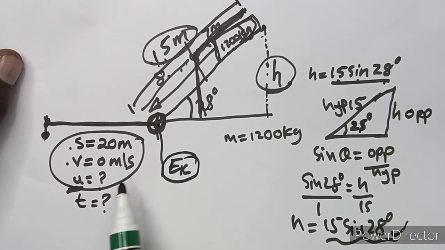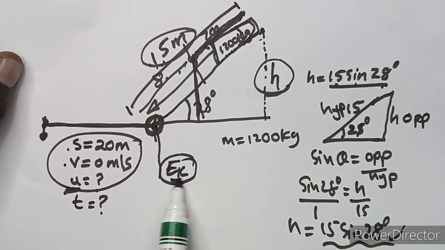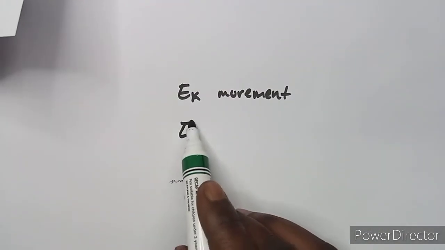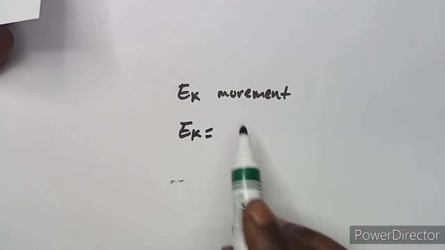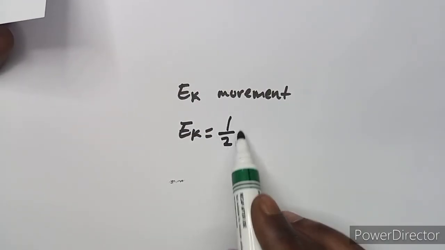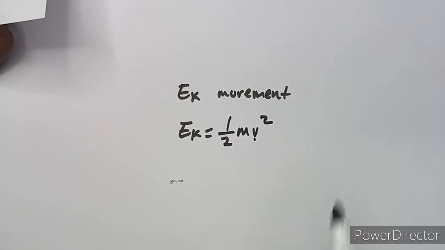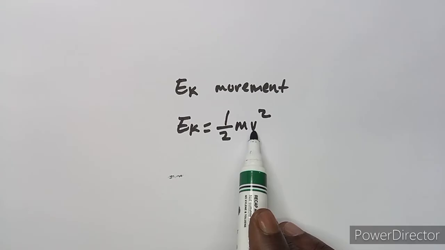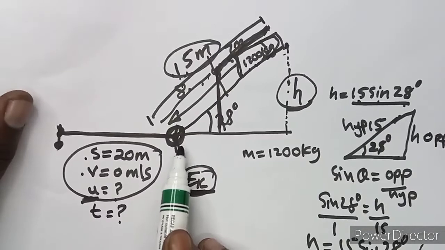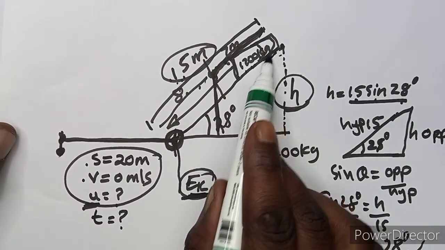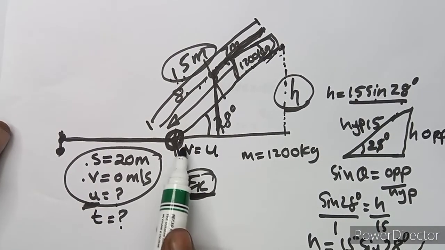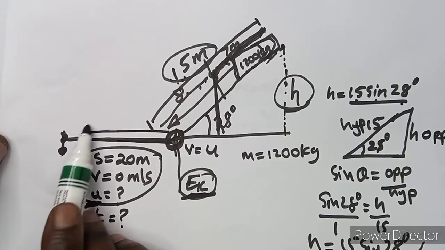So if it is possessing the kinetic energy, it means I can find velocity when it has this kinetic energy. Why? Because in kinetic energy there is velocity, because remember the formula is half mv squared. This velocity is the final velocity when it is down the incline, and it is the initial velocity when it is moving on the horizontal line.